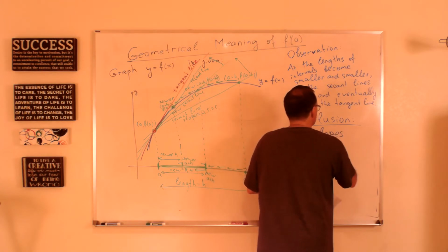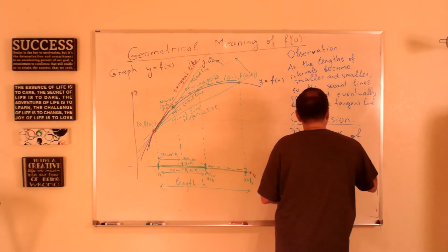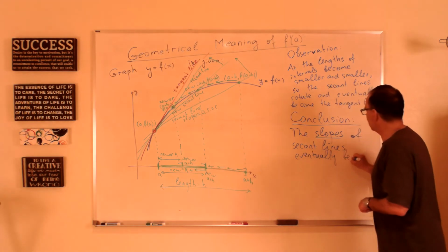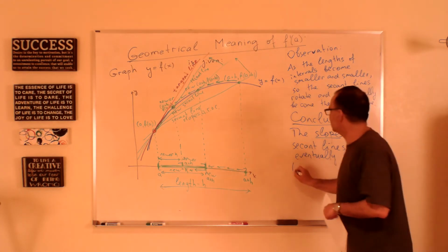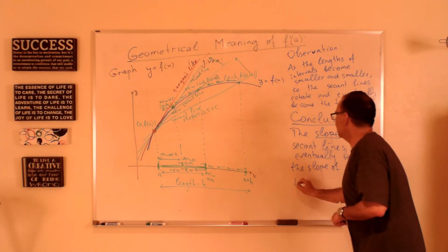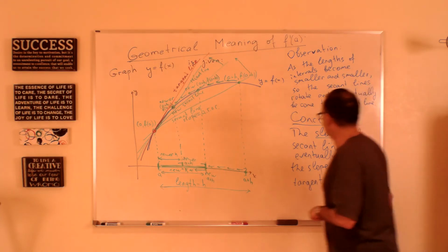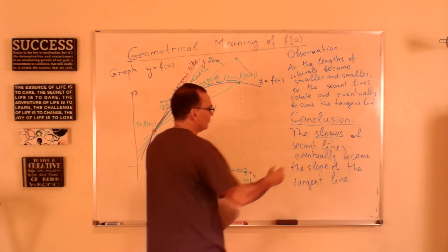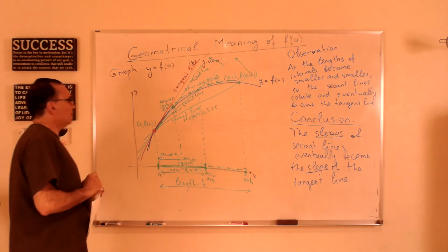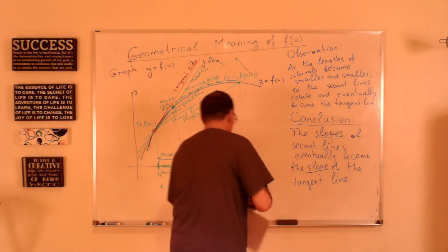So the slopes of secant lines eventually become the slope of the tangent line. And now I want to express this conclusion in mathematical form.